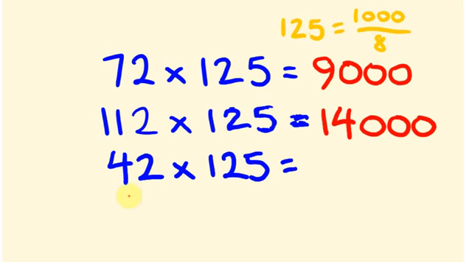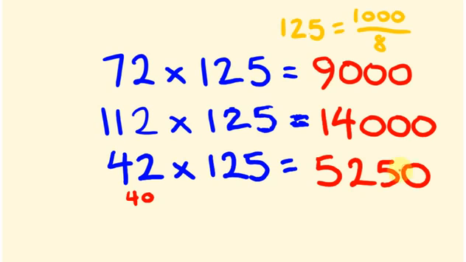Now the number that 8 goes into is 40, and it goes in 5 times. Okay, so we keep 5,000 in our head, our 1, 2, 3 zeros that we'd add on here, but we've got 2 lots of 125 left over. 2 lots of 125 is 250. So that's how you do these. Okay, so as long as you can keep that in your head, it's all pretty good.